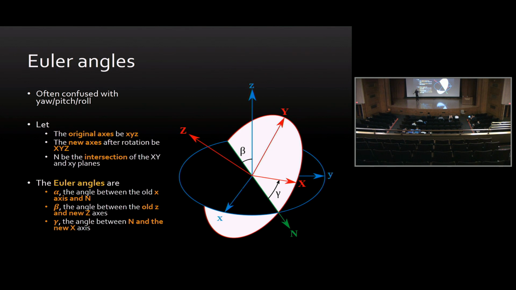The intersection between my xy plane to begin with and my xy plane afterward. The Euler angles are the angle between your old x and the line, the angle between your new and old z-axes, and the angle between the line and the new x-axis.